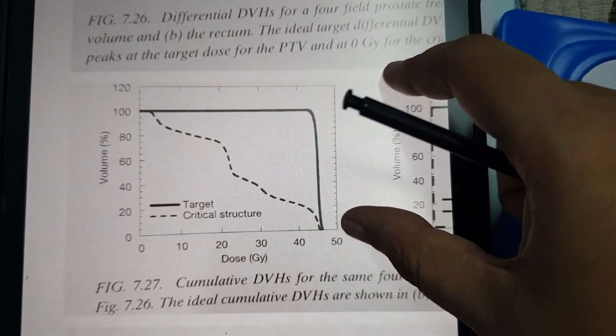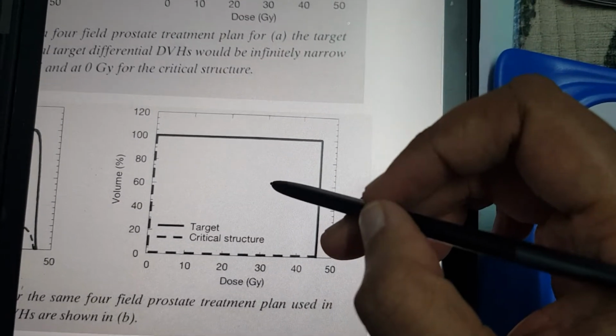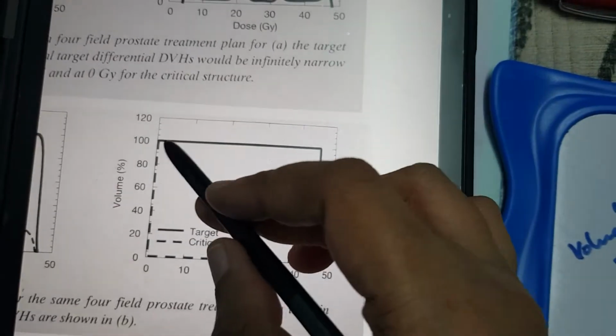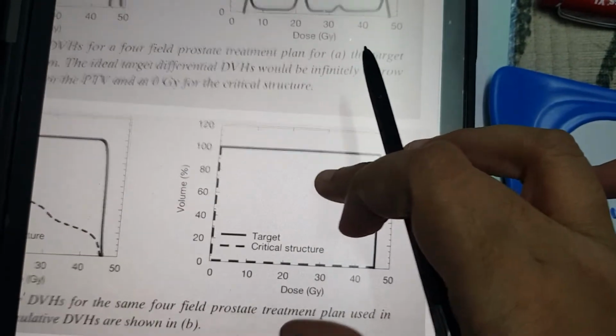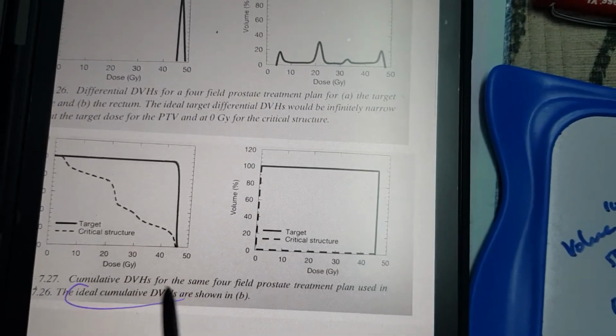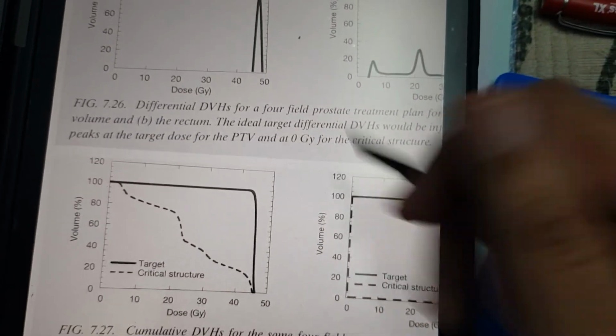In a cumulative integral DVH, the ideal should be the maximum for the PTV and the minimum for our critical structures or OARs. This would be the ideal cumulative DVH, but we cannot get that ideal situation.